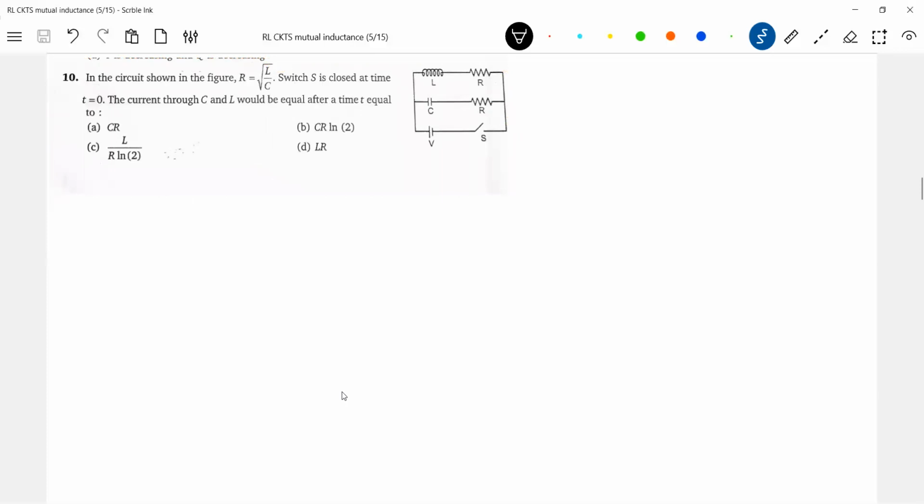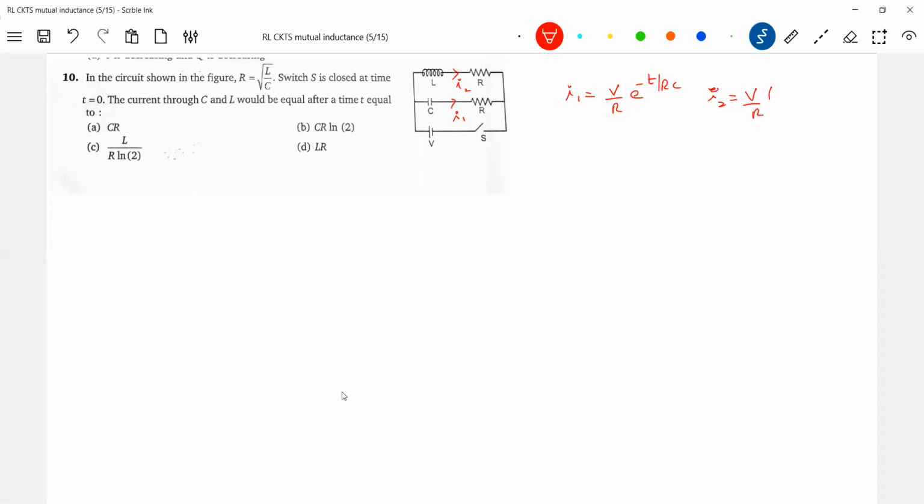Now what is the current here? Let it be I1. In the diagram only I'll write it. Then I1 is equal to V by R e to the power of minus t by RC.